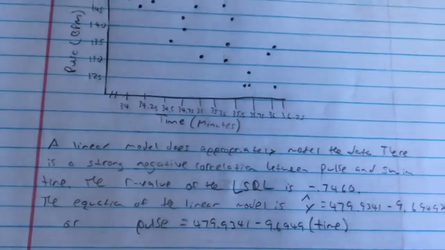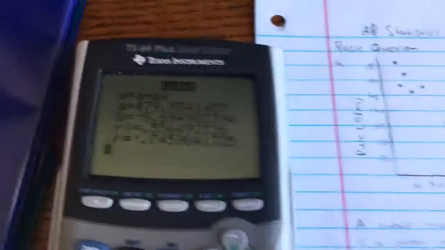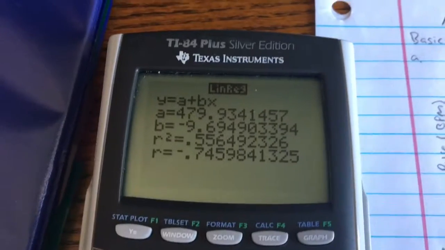So that's a fairly strong relationship here that we can see from that variable. And then it asks us for the equation of the line, which the calculator simply gives to us.